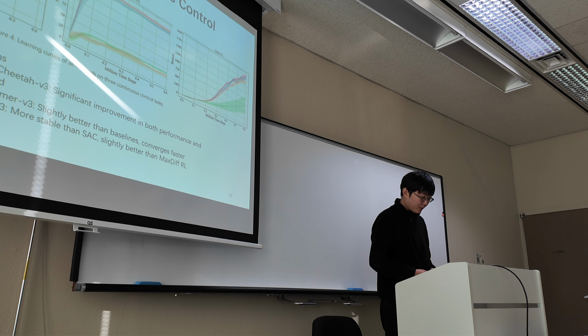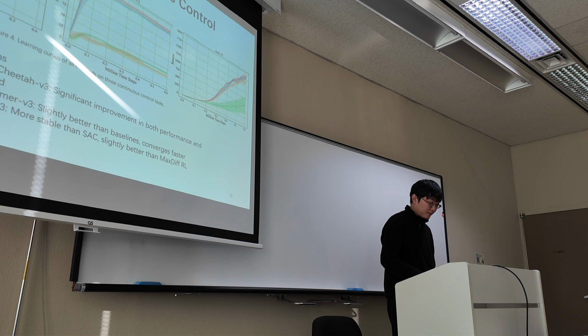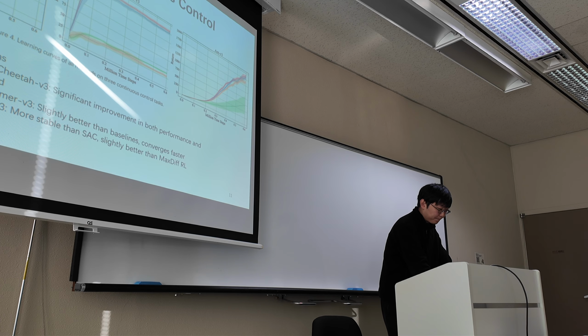From the figure, we can see that in the half cheetah task, our method has a significant improvement in both performance and speed. In the swimmer, our method is slightly better than baselines and converges faster.